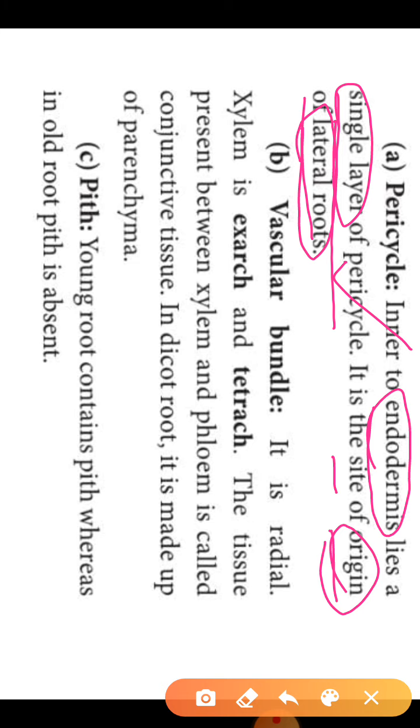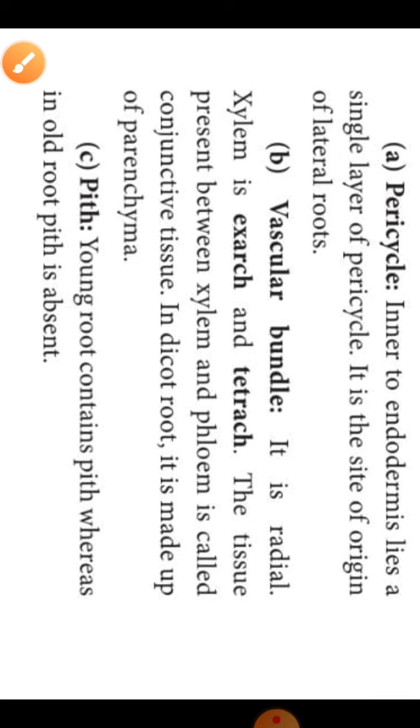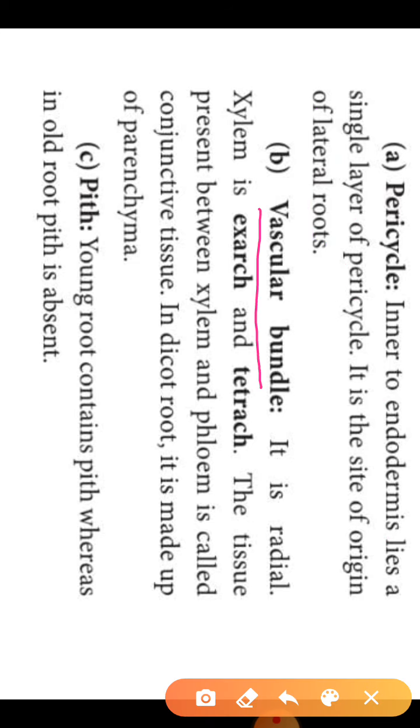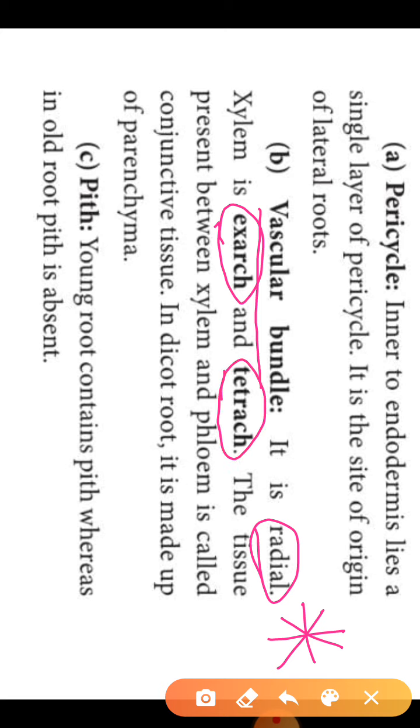Next one is vascular bundle. It is radial. Already I said like that, radial. Therefore, in this vascular bundle, xylem is exarch and tetrarch.